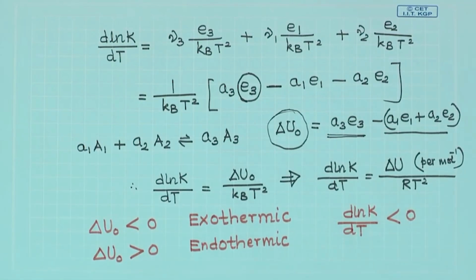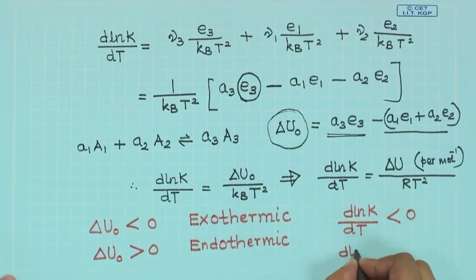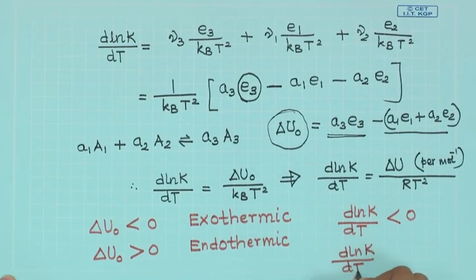Therefore, the equilibrium constant will decrease if I increase the temperature. This means that when the reaction proceeds with release of heat, increase in temperature actually pushes the equilibrium towards the reactant side. Similarly, for delta U naught greater than 0, I have d ln K/dT greater than 0, and therefore in this case, with increase in temperature we will have an increased value of K, which will shift the equilibrium more towards the product side, and that is exactly the content of the Le Chatelier principle.